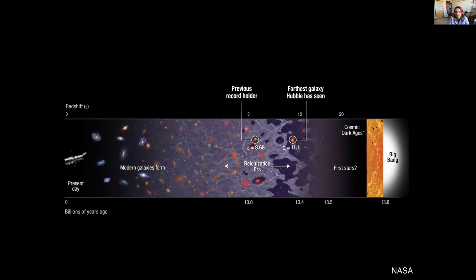You see the first stars start forming when the universe is about 13.5 billion years, 13.5 billion years ago. Right now, we can reach, as I said, to 13.3 billion years ago. Those are the furthest galaxies that Hubble has seen.